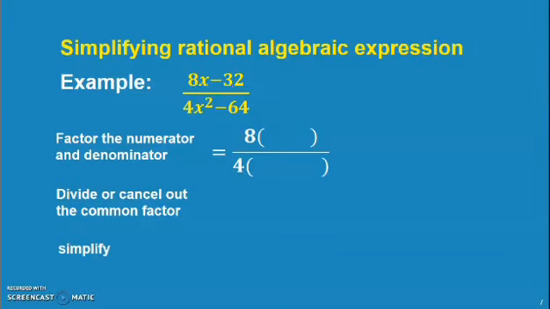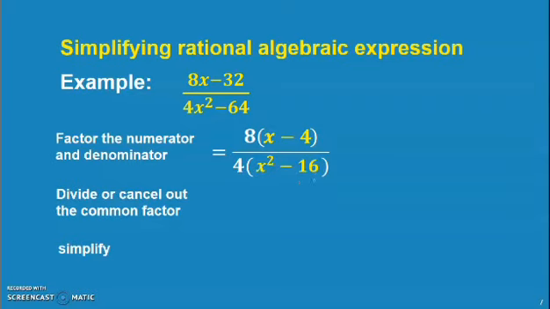Then 32 divided by 8 is equal to 4. So, we have x minus 4. 4x squared minus 64: 4x squared divided by 4 is equal to x squared, minus 64 divided by 4 is equal to 16. So, we have x squared minus 16.